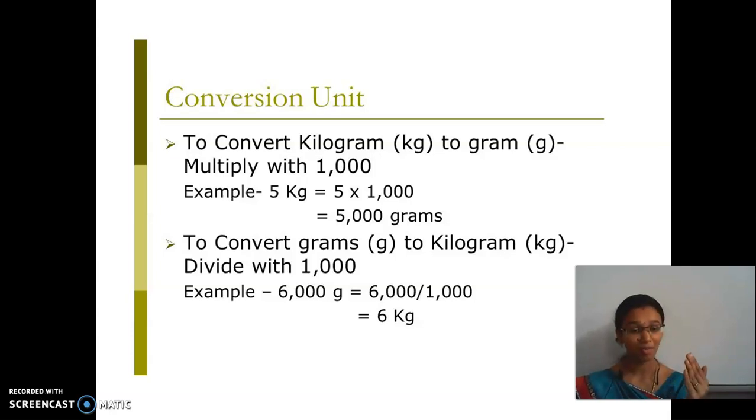Here they have given 6000 gram. You need to convert this into kilogram. If you divide, you will be getting 6 kilogram, because 1 kilogram is equal to 1000 gram.